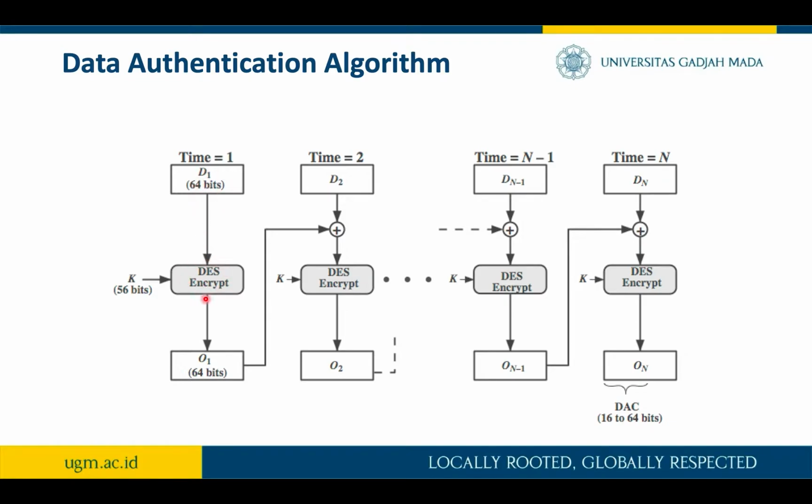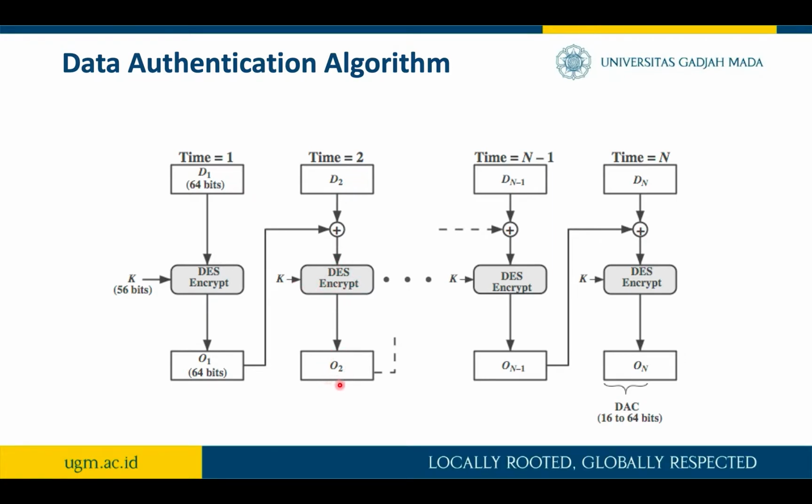It will be encrypted using DES and the key K. The result will be the output of the first block. Then the output will be XORed with the second block of the message, then encrypted again using the same key.